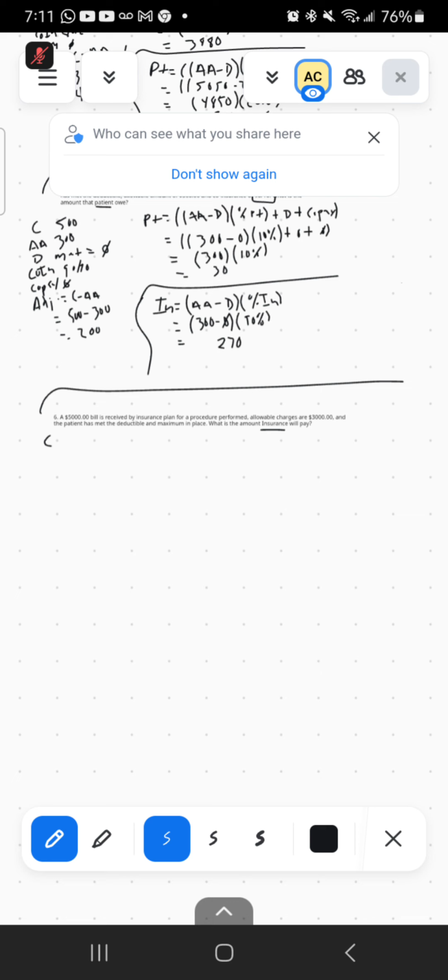So that is a calculation question. So charges, deductible, co-insurance, copay. Billed $5,000.